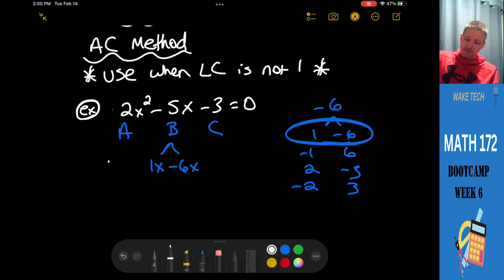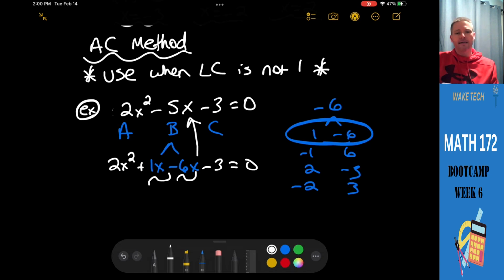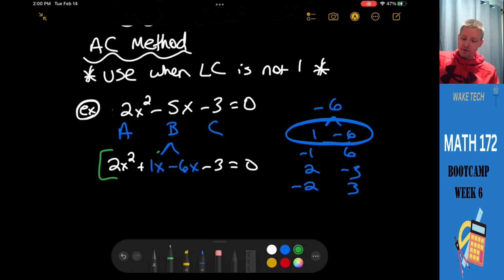So we're not changing the question. We're just making it look different, right? If we combine those like terms, certainly we're going to get back -5x. That's clear. So we haven't changed anything. It's still the same equation. It just looks a little different. But why we want it to look a little different is because now we have 4 terms and we can factor by grouping.